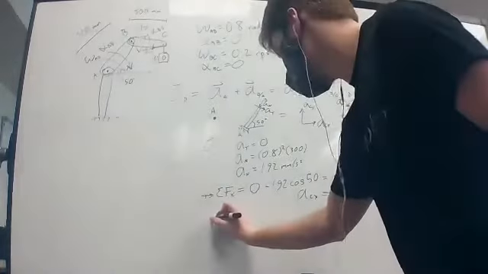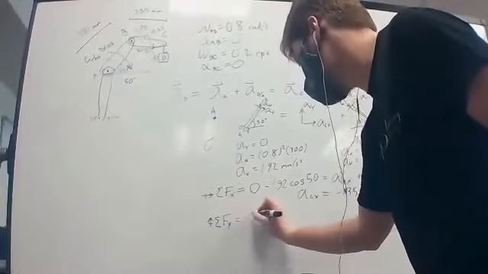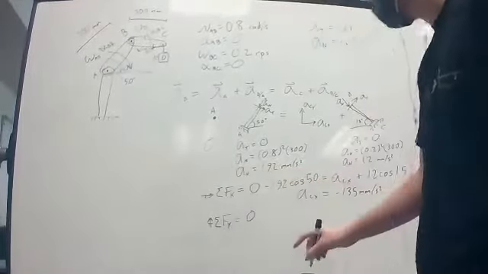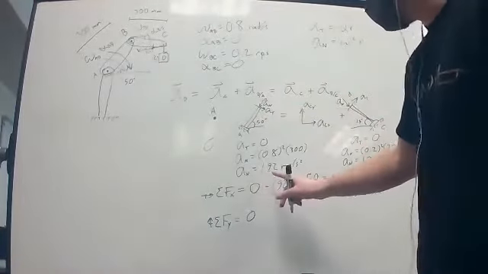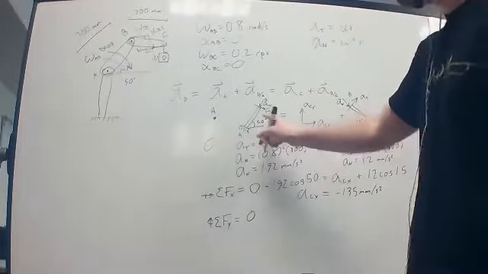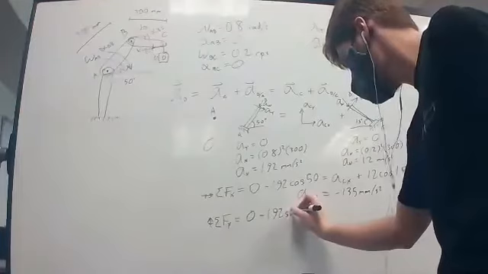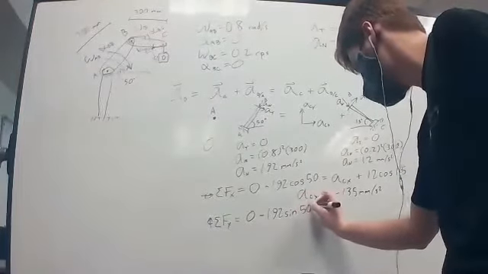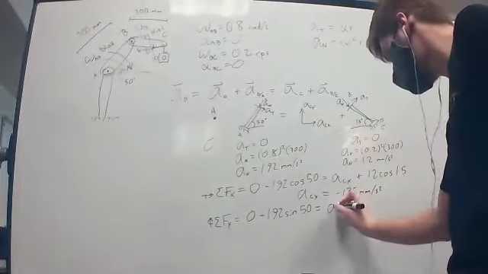So we'll say some of the forces Y equal to 0 for this piece again. And we'll say minus because AN is going down. So minus 192 times sine of 50. That's equal to ACY.